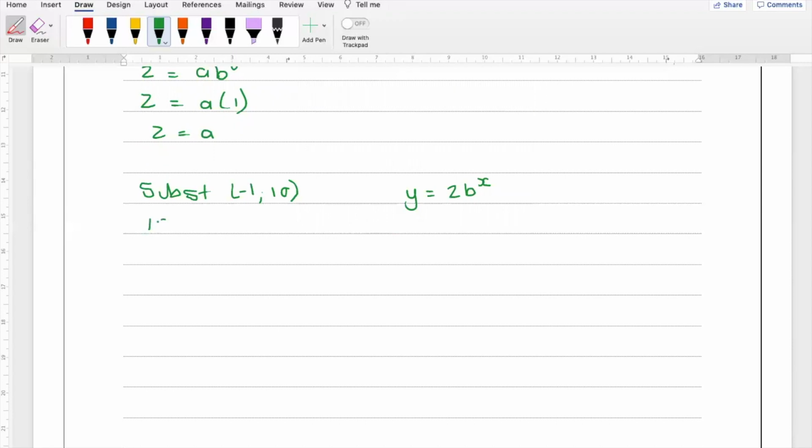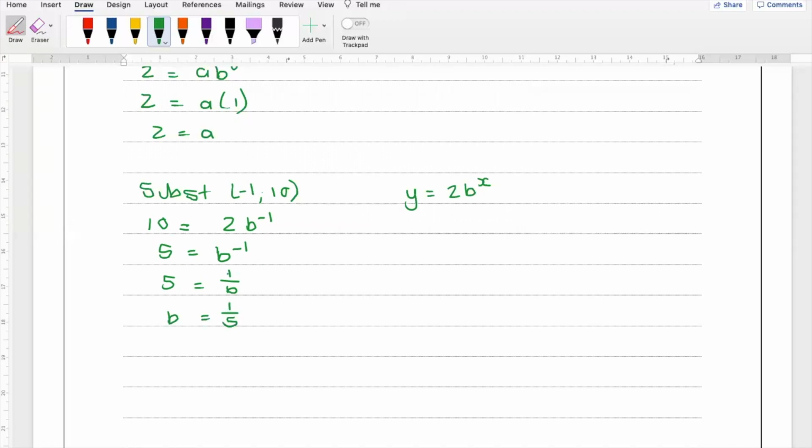So we're going to say 10 is equal to 2 times b to the power of negative 1. Divide both sides by 2, you're going to get 5 is equal to b to the power of negative 1. And I'm hoping you remember from the one above that this is 1 over b, which would mean that b is equal to 1 over 5.